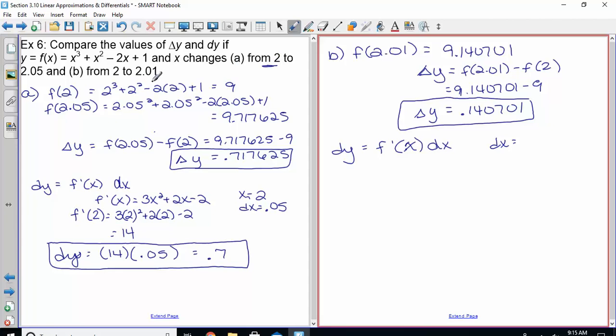So if you subtract the ending minus the beginning, you get 0.01. F prime of 2 we've already done, that's 14, so our dy is 14 times 0.01, and we get 0.14.